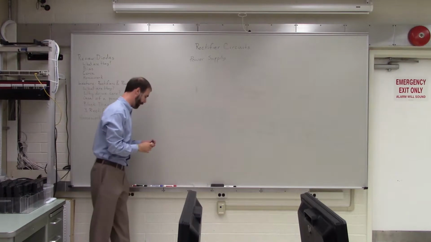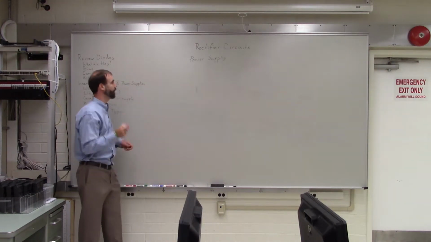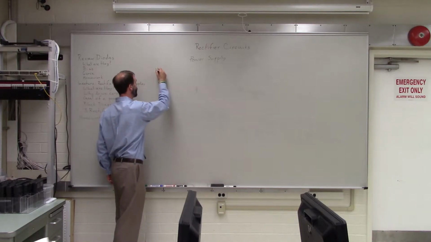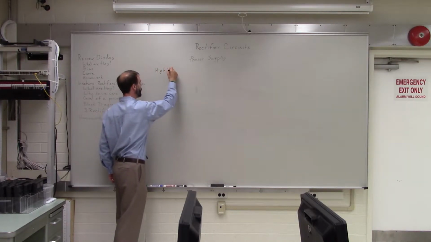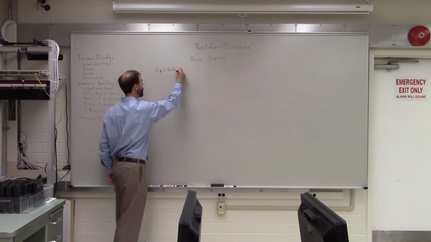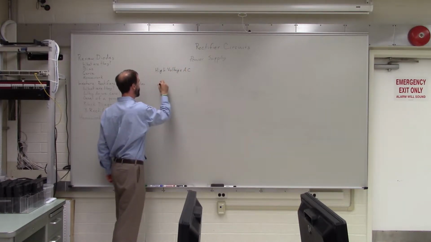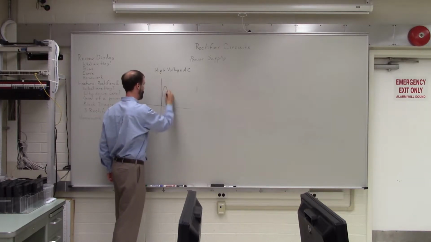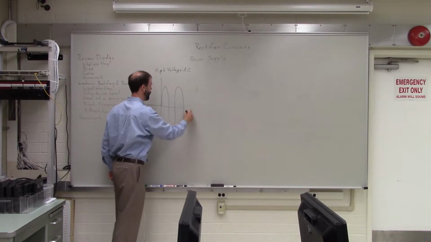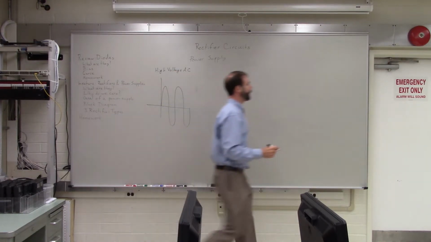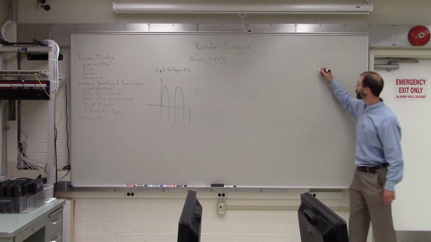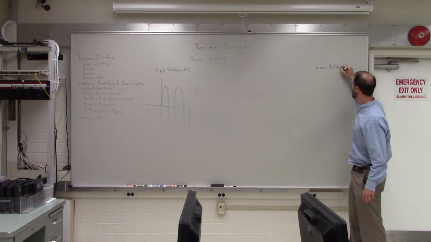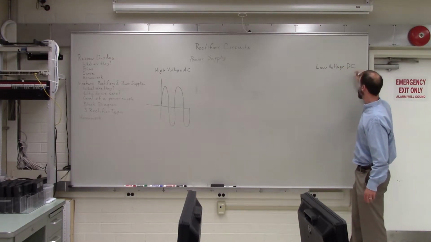the general goal of any power supply, a DC power supply, is to take a high voltage AC signal that might look something like this, and convert that into a lower voltage DC signal.